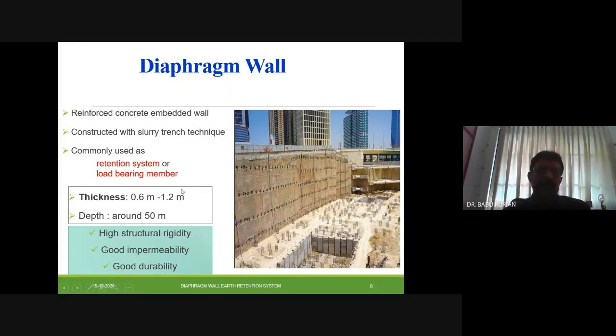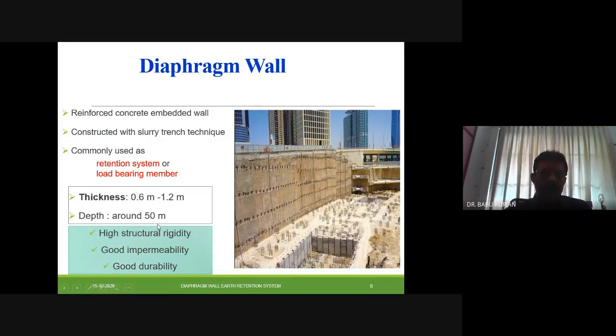The thickness varies from 600 millimeters to 1200 millimeters. And the depth may go even up to 50 meters from the ground level. That's a very deep excavation.